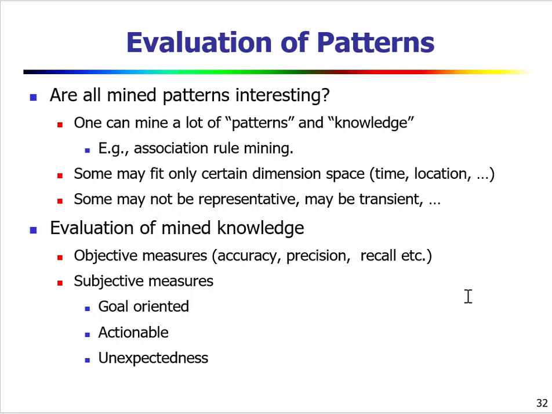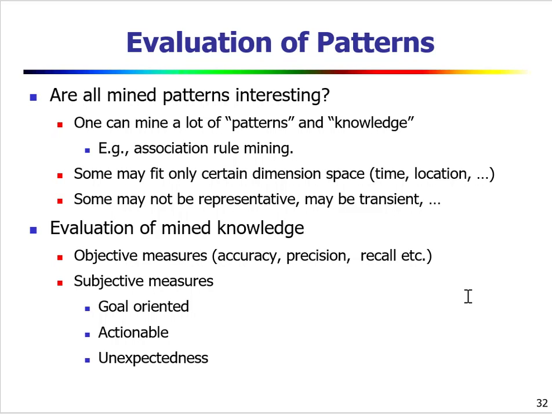Subjective measures, in some scenarios when our interest is about novelty, we want to find something that's unexpected, novel and new knowledge. Then this unexpectedness could be used as a way to evaluate the patterns. But all those subjective measures are hard to quantify.